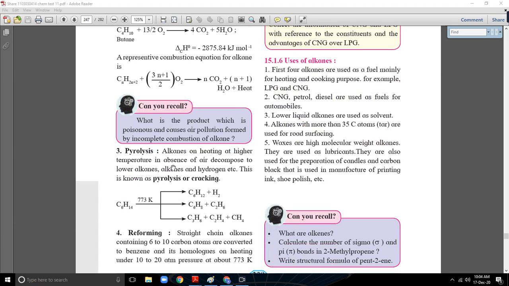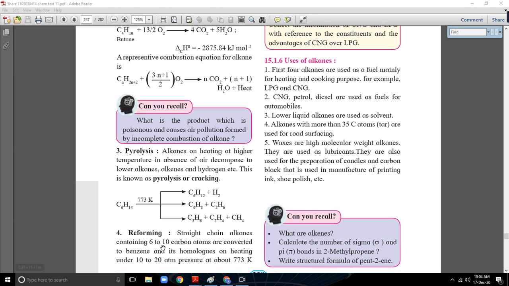Alkanes on heating at high temperature in absence of air decompose to lower alkanes, alkenes and hydrogen, etc. This is known as pyrolysis or cracking. Alkane on heating in absence of oxygen will form lower alkane and hydrogen.